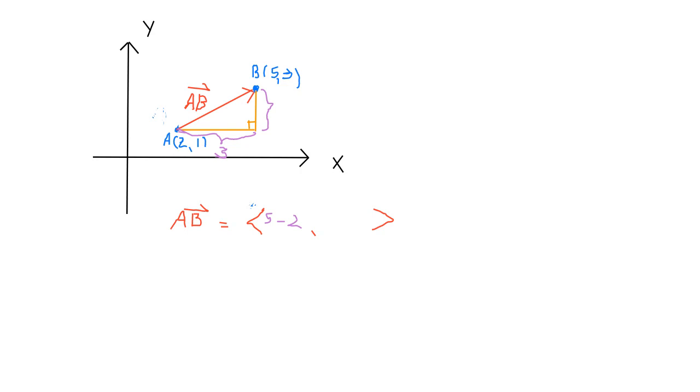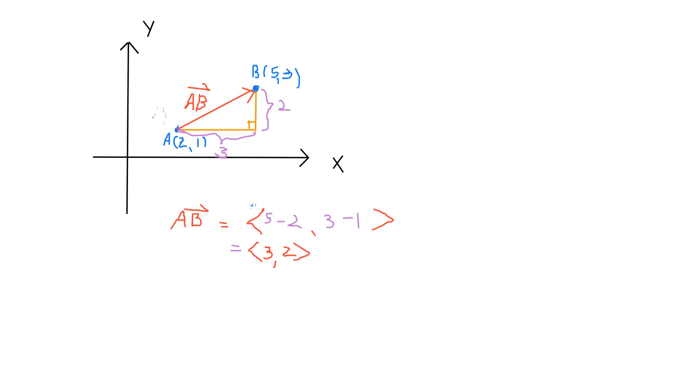What's that distance? 3 minus 1 equals 2. So it appears that the components of this vector AB are 3 and 2.